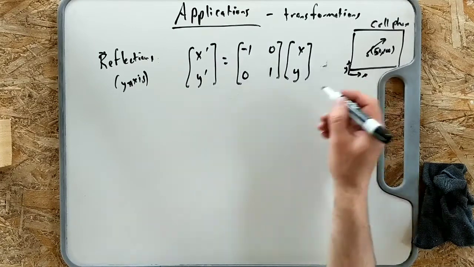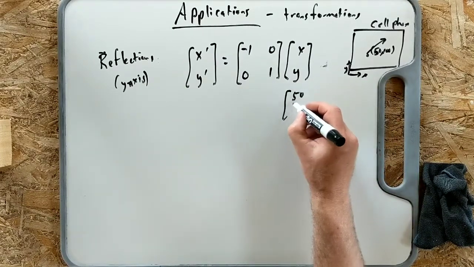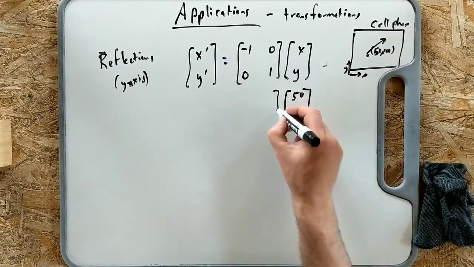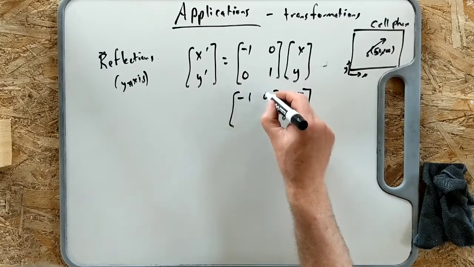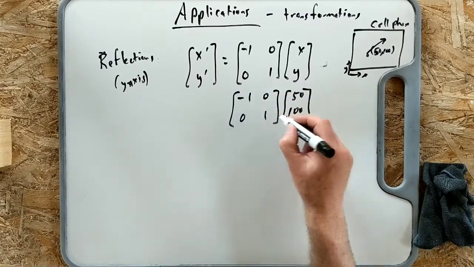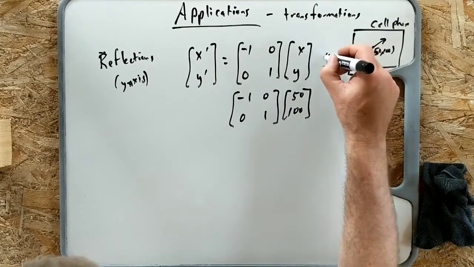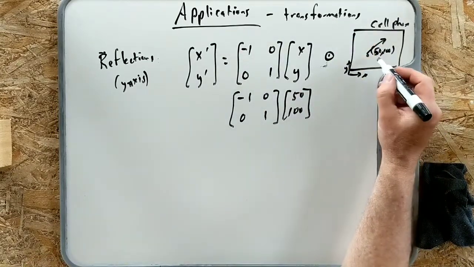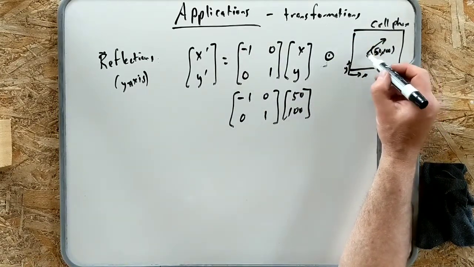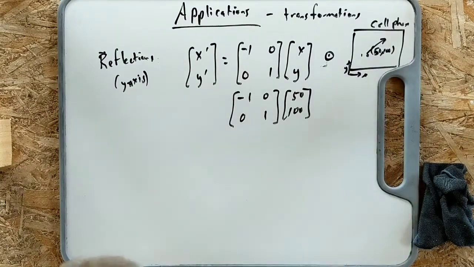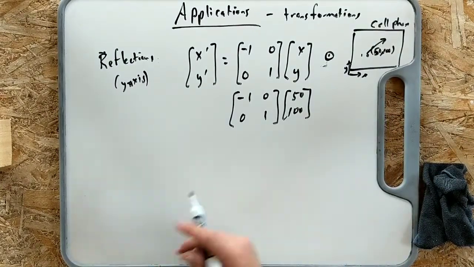So I've got some point like 50, 100, and I want to reflect it across the Y-axis, which is actually over here. So you're actually creating a point over here, which doesn't really exist. But when you typically do this, you'd define the origin to be over here, so the reflection actually still results in the object being on your screen.